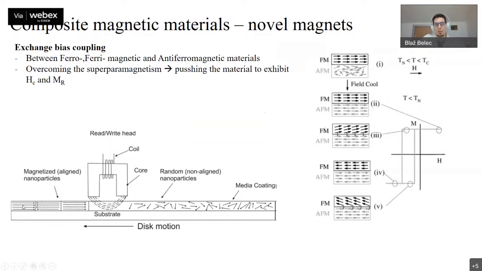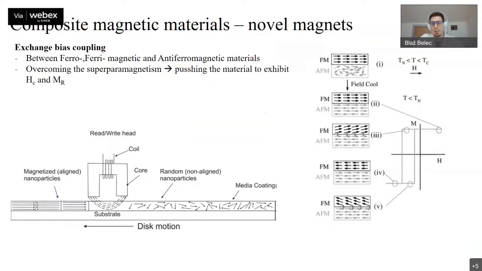Zeros and ones correspond to the alignment of the spins in the magnetic nanoparticles. But we always want smaller, faster, better computers and mobiles, so we also have to use smaller particles.